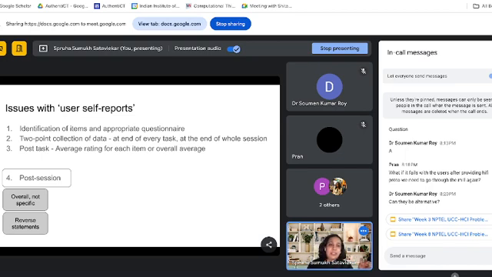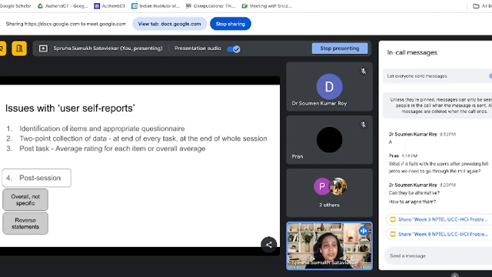So alternating them is the best thing. It is recommended actually. If you look at the next questionnaires we are going to talk about, the SUS questionnaire, they are arranged in an alternating manner.